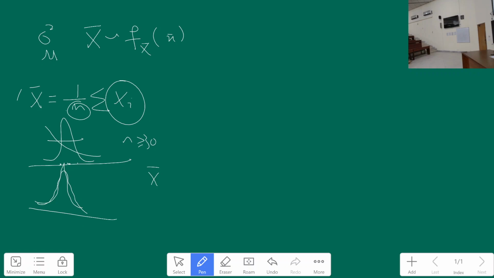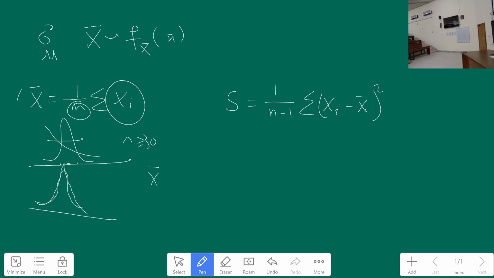So I will take a random sample and I will use a formula like this one, summation of (xi minus x bar) square, and this I will call my estimate of the variance. Now this is a statistic. Why is it also a statistic?